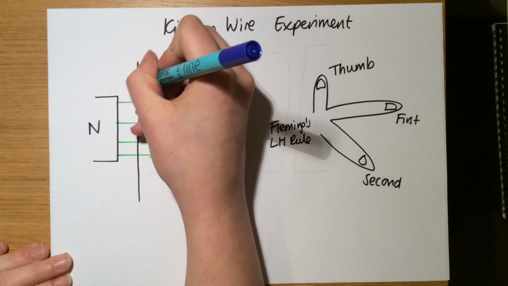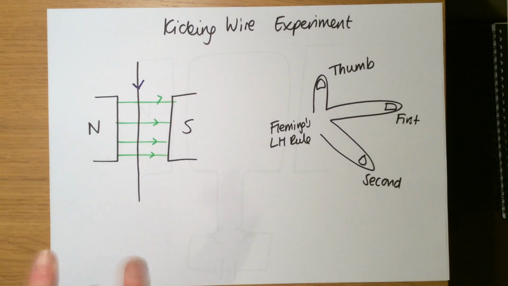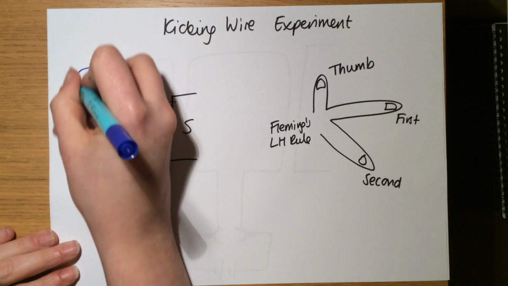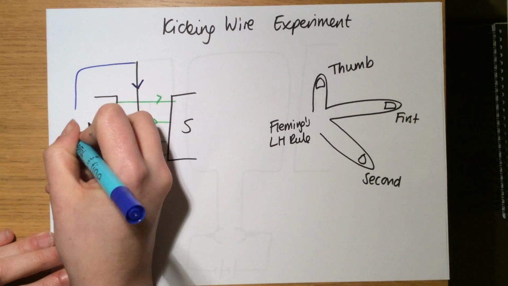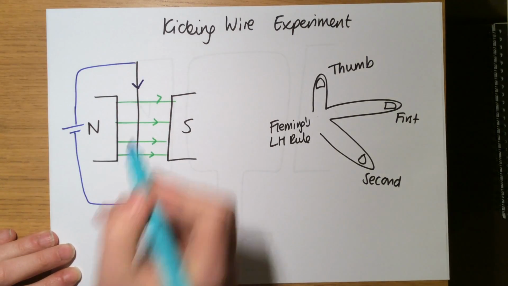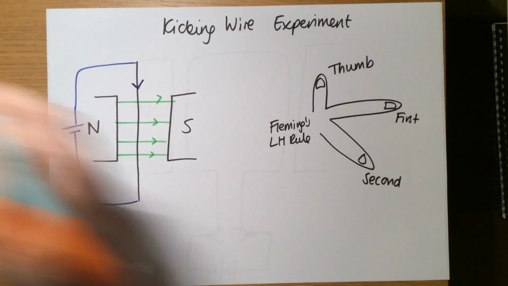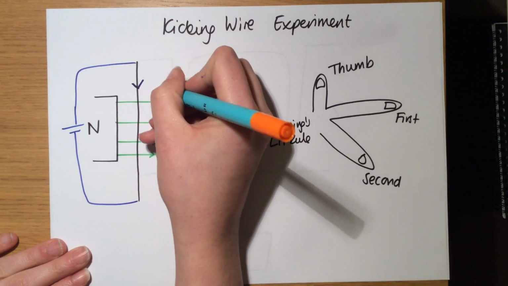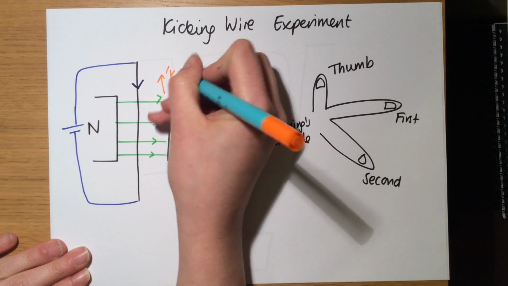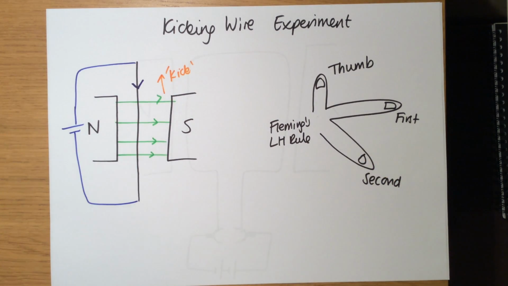It's coming downwards. Now if we attach this to a battery or a power source, so I'm going to draw a battery quickly here, and we put it into this magnetic field, we see that this wire would kick. It would kick upwards. We'd see it flick.